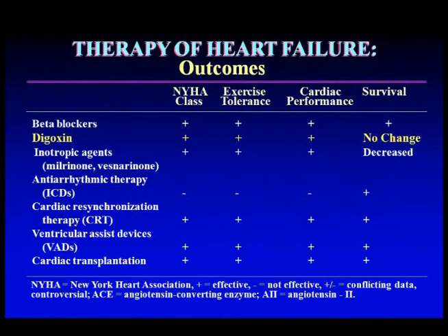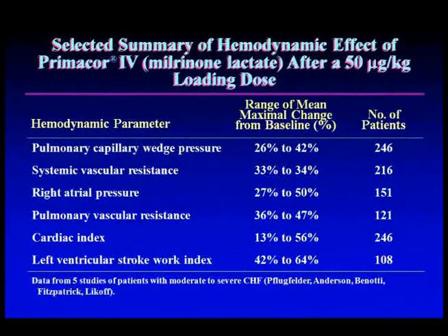If you give nesiritide, this is a study that was done some years ago, basically you get a balanced vasodilator response, and I already showed this, that the pulmonary capillary wedge goes down, the right atrial pressure goes down, and the cardiac index generally goes up.